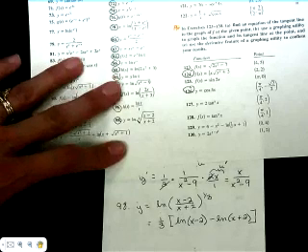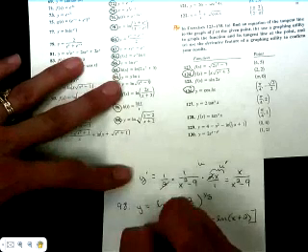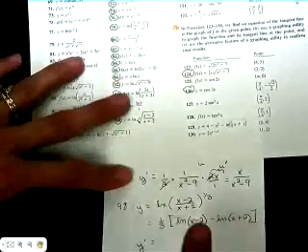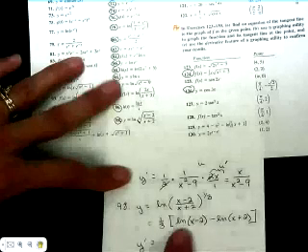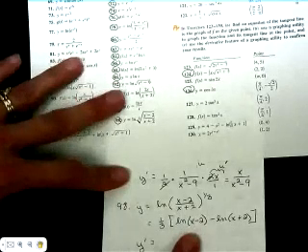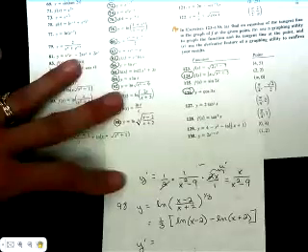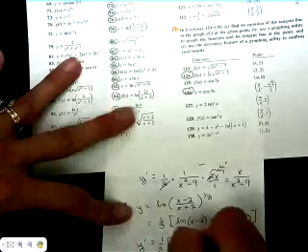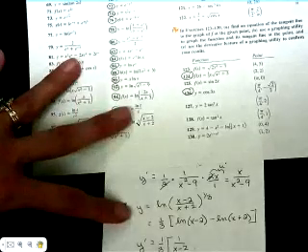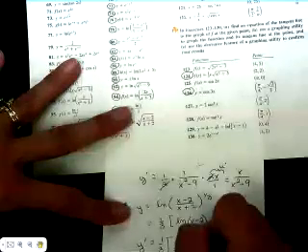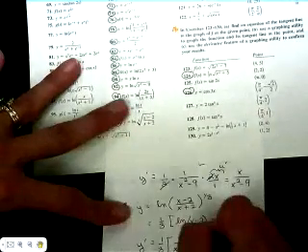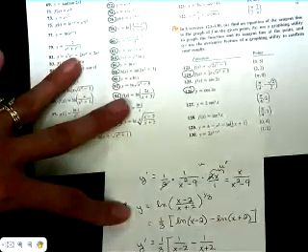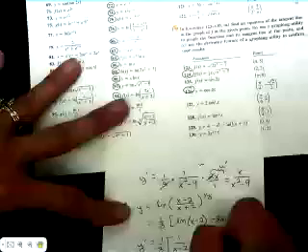Now you can take the derivative term by term, keep up with the 1/3. Derivative of natural log of x minus 2 is 1 over x minus 2 times the derivative of the x minus 2, which is just 1, and the derivative of natural log of x plus 2 is 1 over x plus 2 times the derivative of the x plus 2, which is just 1.